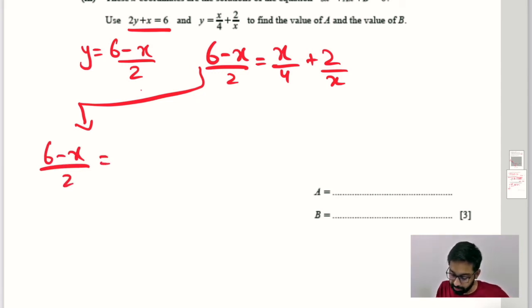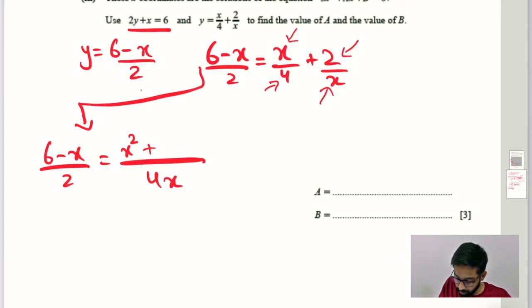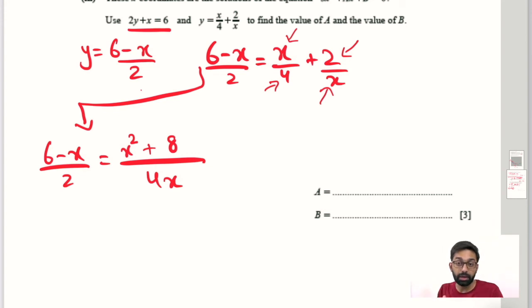The LCM for the second equation is going to be 4x, because you multiply 4 and x. Now you have the LCM, so you multiply this x with this x, you get x squared, and then write the addition sign in the middle. Then you multiply this 4 by this 2, so you get 8. Now we have the two equations in a state where we can cross multiply them.